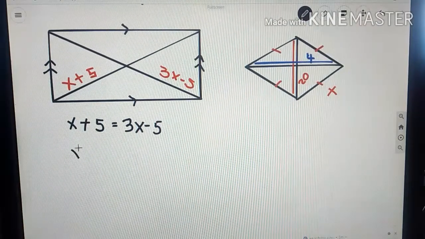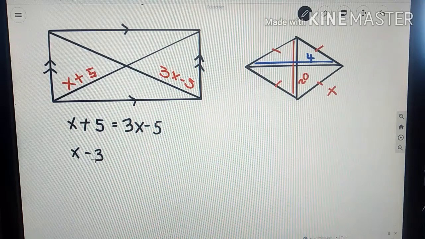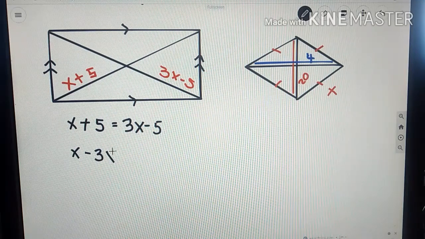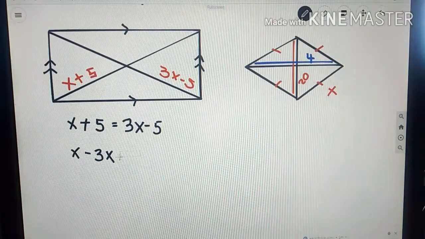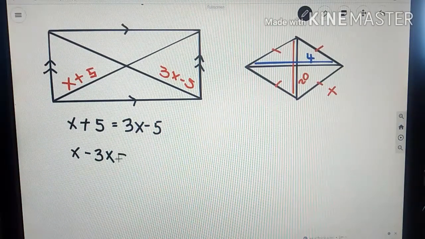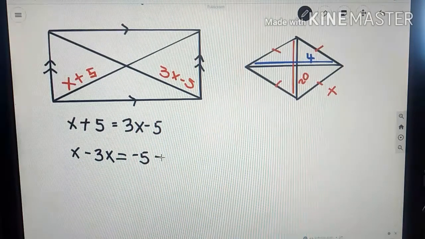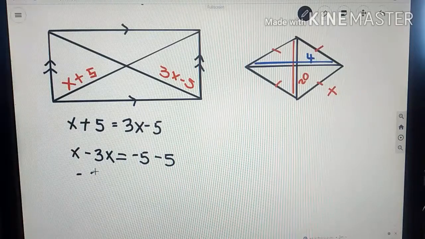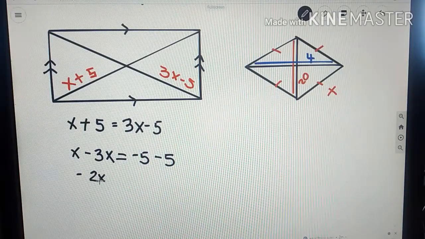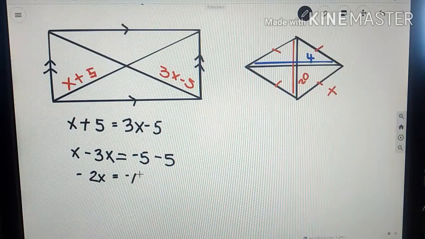Let's combine the terms. We transpose the positive 3x to the other side. That's why it becomes negative 3x, as well as the positive 5, transpose it to the other side, so this will become negative 5. x minus 3x will be negative 2x, equal to negative 10.